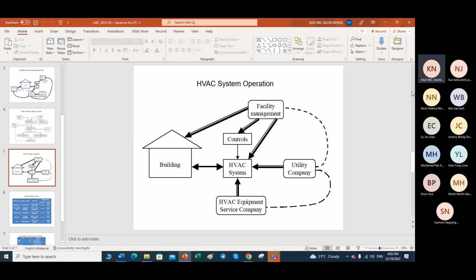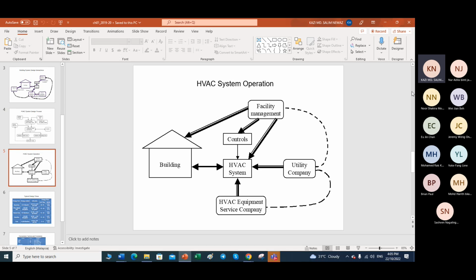We go on further to HVAC system operation. If we see the operation of it, there is the building, and then the facility management, the building management, will guide the control of the building. It's a huge plant type of thing, because a high-rise building is just like a plant. It has lots of components and lots of considerations have to be taken.